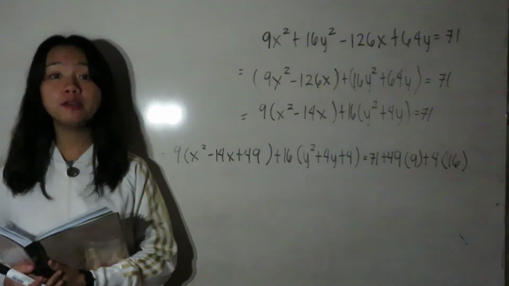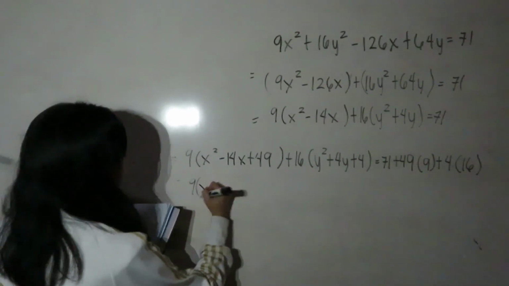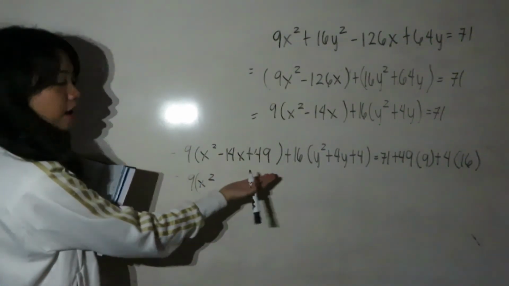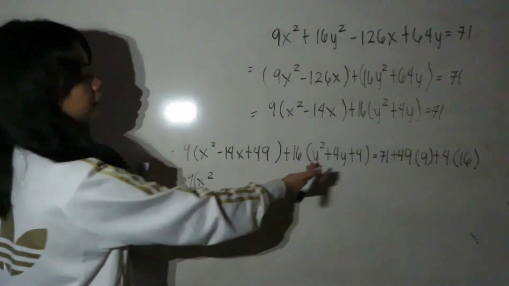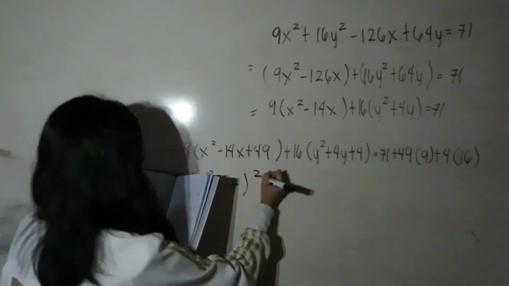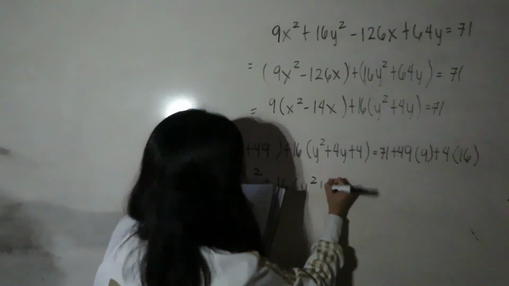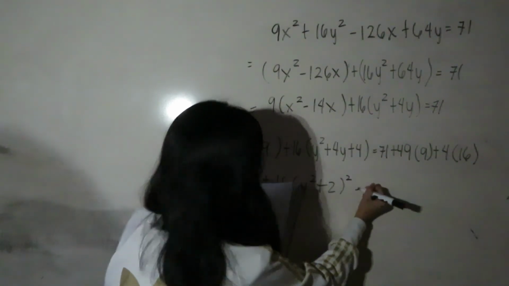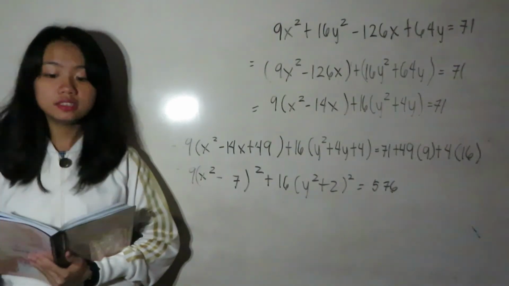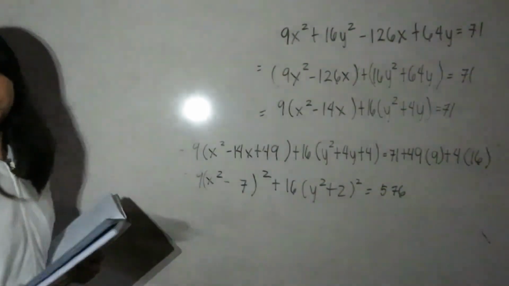Step 4. Simplify your answer: 9 quantity (x minus 7) squared plus 16 quantity (y plus 2) squared equals 576. Then, to make it standard form, divide all terms by 576.